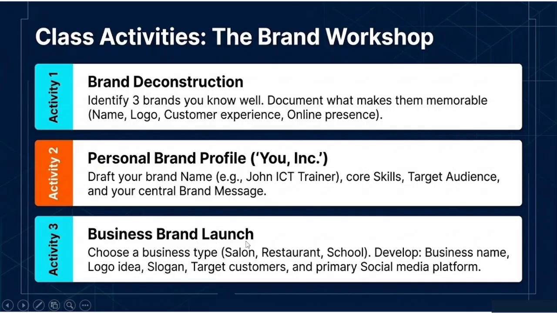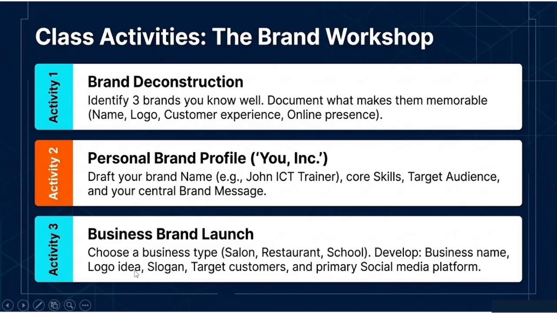Then business brand launch. Choose a business type. It can be a salon, it can be a restaurant. I saw already you created an online survey about a restaurant. So you choose a business type. Then you're going to help me develop the business name.